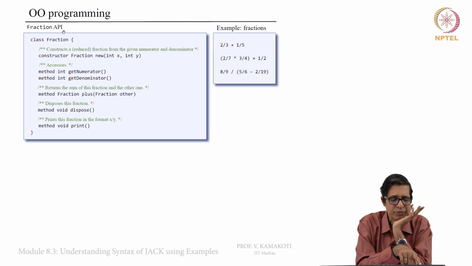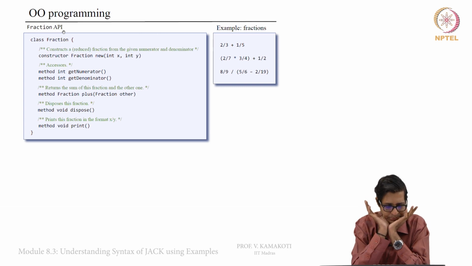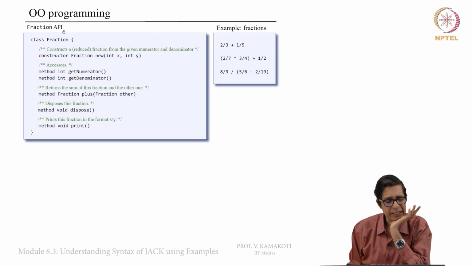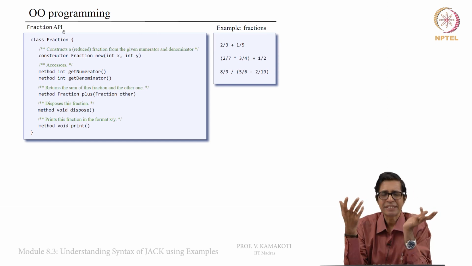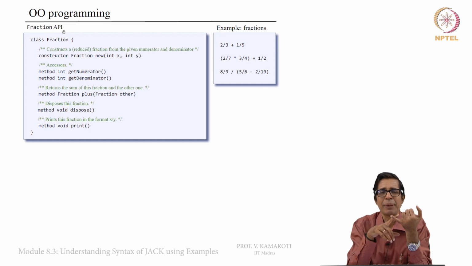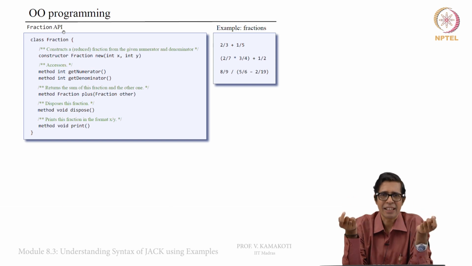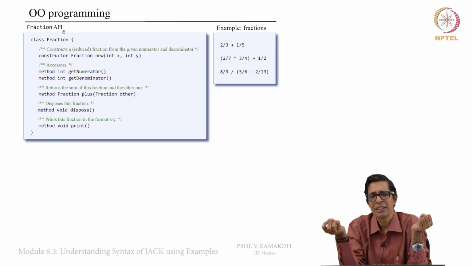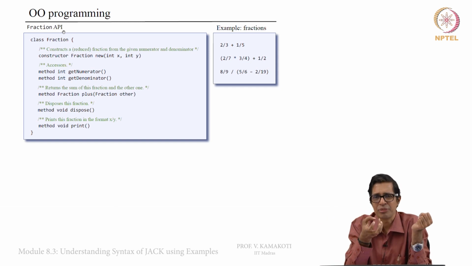Now, first class fraction. We start with braces. This is a syntax. Now, whenever I describe a class, I should describe a constructor function. A constructor function is one which will construct that class. Every time I am instantiating that class to make an object, the constructor function will execute first and it will create that object for you.